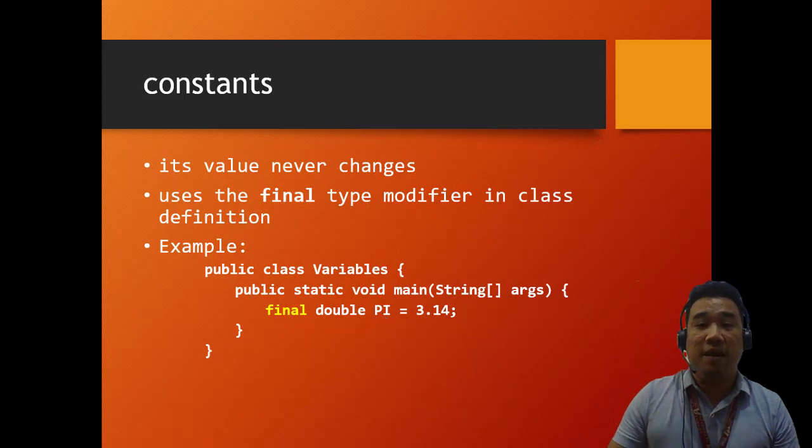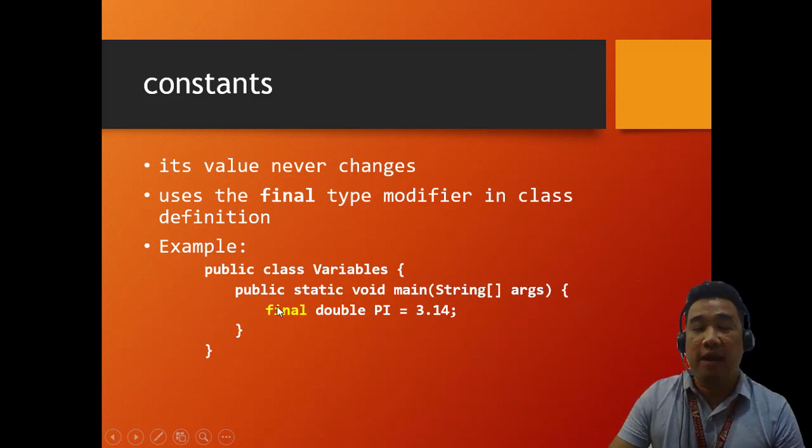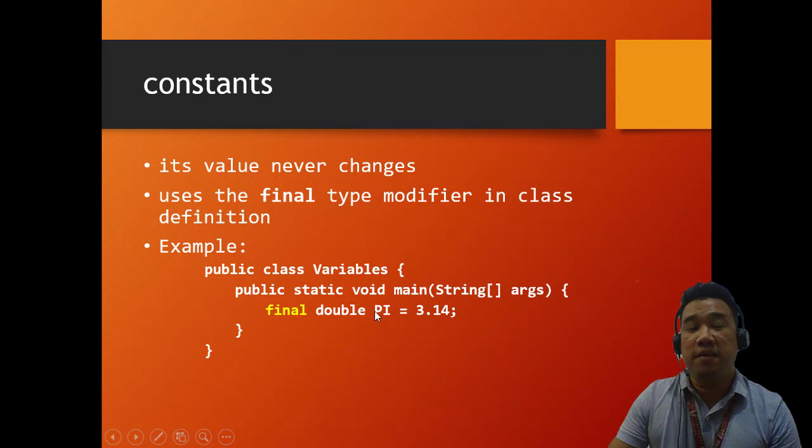No, para kung accidentally na-assign mo value ang pi, hindi siya pwede kay since pi is constant because of the final keyword. Okay, again, to declare a variable that is constant, use final keyword, then the data type, then the name of the variable, then the assign operator, then the value.